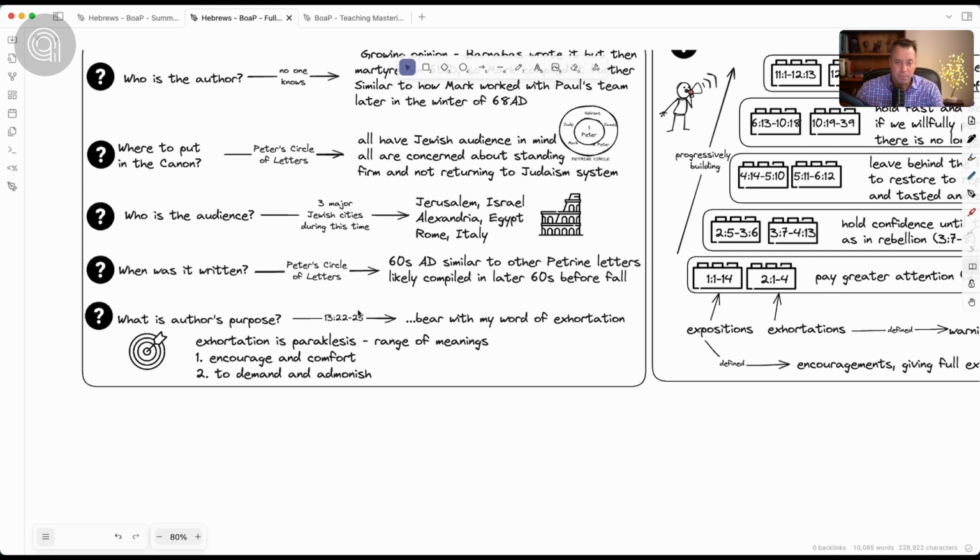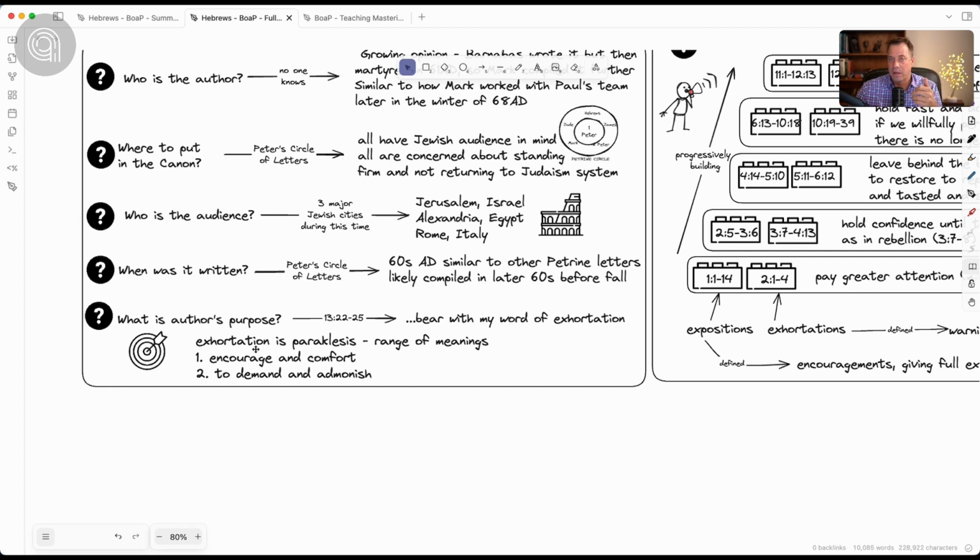What's the author's purpose for writing this letter? It says in 13:22-25, bear with my word of exhortation. There, it's very much his purpose statement in chapter 13. And exhortation has a range of meanings.